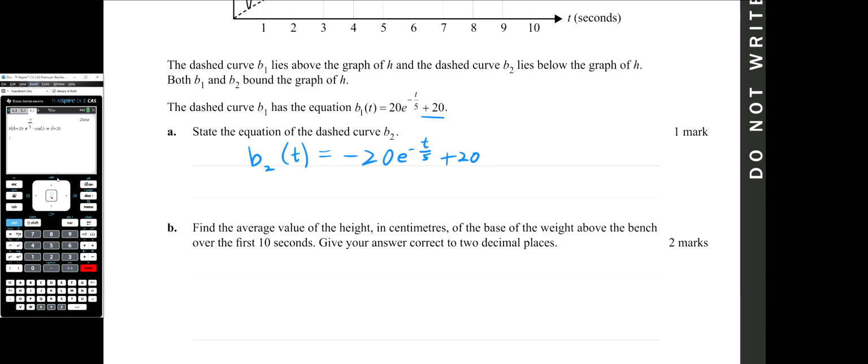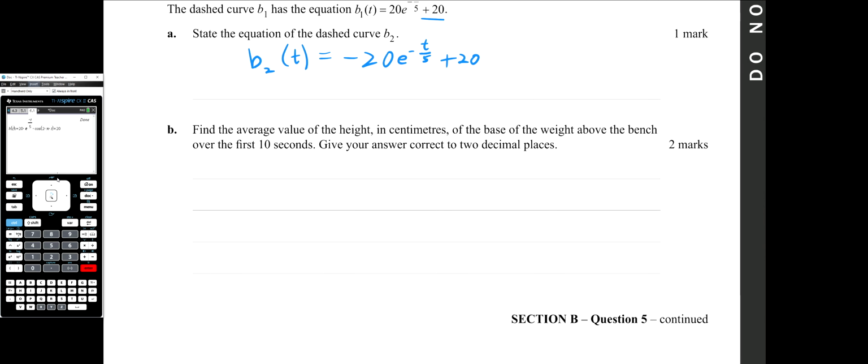So find the average value of the height of the base of the weight above the bench over the first 10 seconds. So we want just the average height. So this one, we're going to use our average value formula. H_av equals 1 over 10 seconds minus 0 seconds times the integral between 0 and 10 of the function h(t) with respect to time.